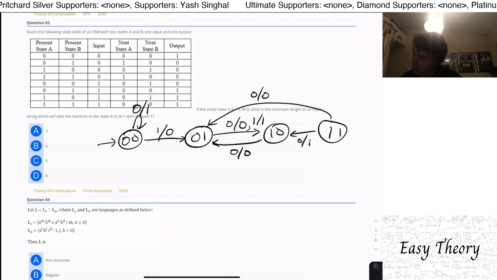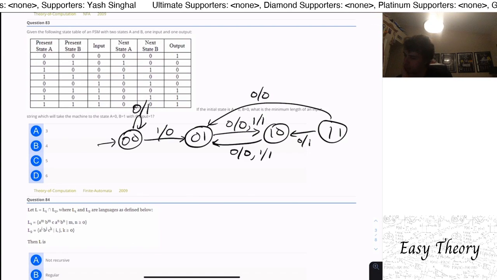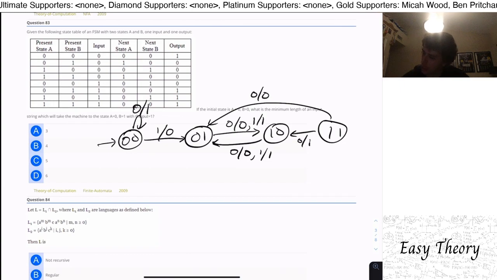And then 1, 0 goes to 0, 1 on 1, 1. Okay, so the minimum number of transitions to take is 3, I think. Yes, 3, because we can take this transition, this one, and then this one, and it outputs 1. So the minimum is 3.